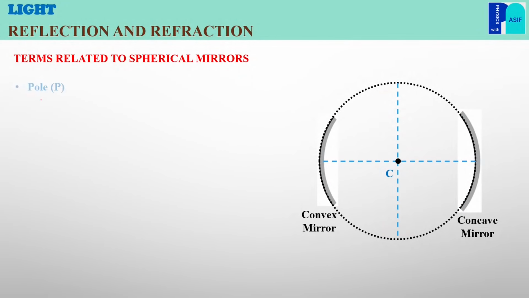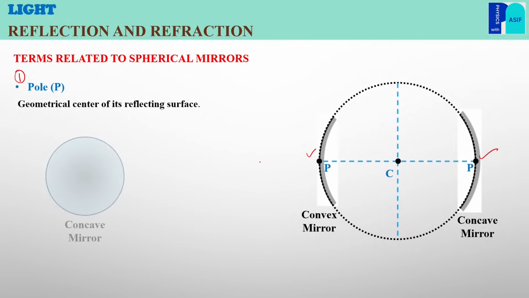The first term is the pole of the spherical mirror. It is the geometric center of the reflecting surface and it is denoted by P. So it is shown here with the point on the reflecting surface. In the case of a concave mirror, the reflecting surface is curved inward, and the center point is the pole of the mirror. In the case of a convex mirror, the reflecting surface is curved outward and the center of that surface is the pole.